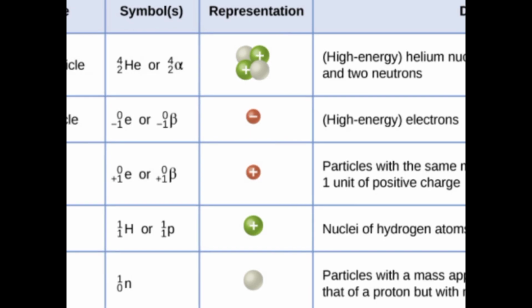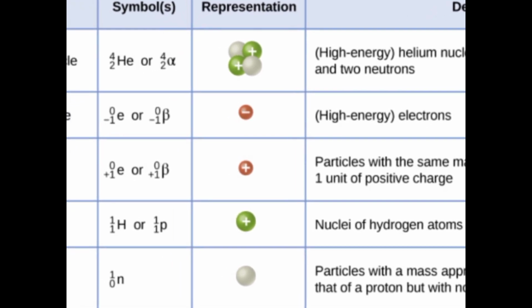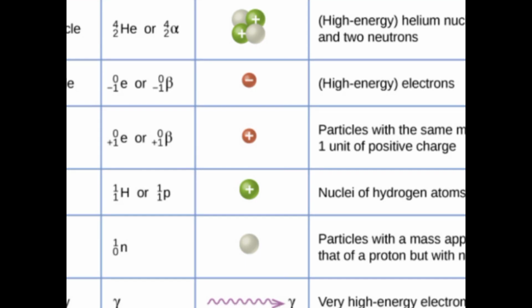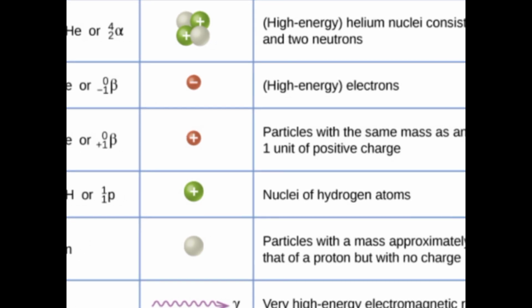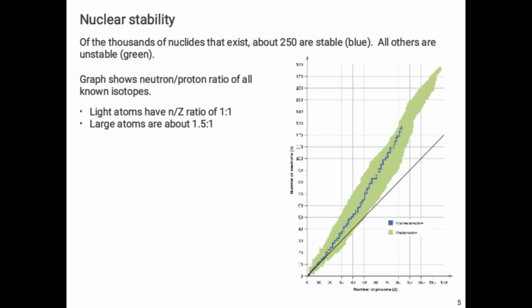Next, beta particles are high energy electrons. Positron particles have the same mass as an electron but a positive charge. A proton is the nucleus of the hydrogen atom. A neutron is a particle with mass approximately equal to the proton and no charge. A gamma ray is very high energy electromagnetic radiation.